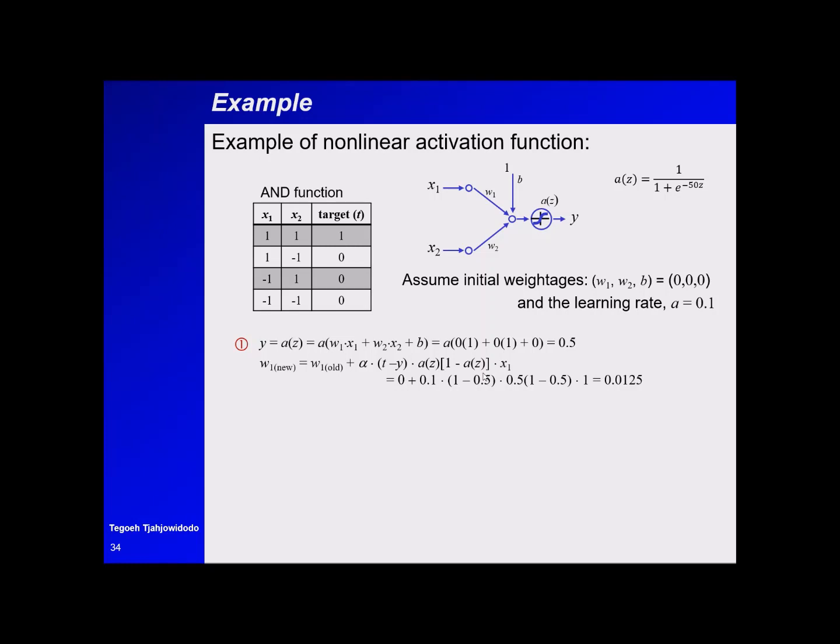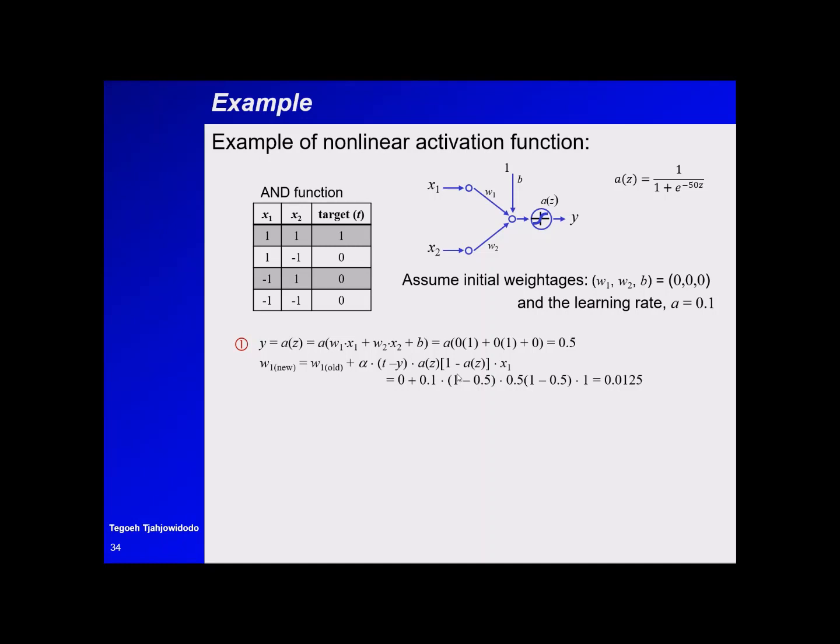If you compare this to Adaline and perceptron, we have this term which is coming from the nonlinear activation function, which to me makes more sense. This looks more fair than Adaline and perceptron.